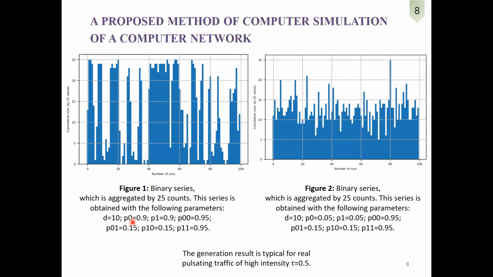The first, where nodes tend to stay in the same state, with probabilities 0.9 and 0.9, and the second, with low probability 0.05, tends to change at every step.